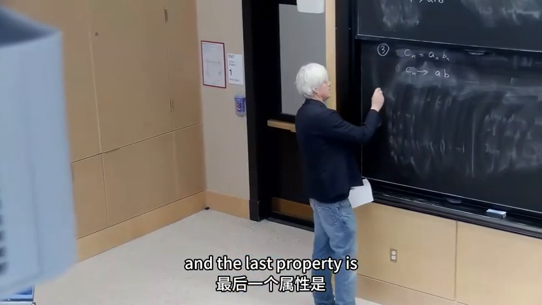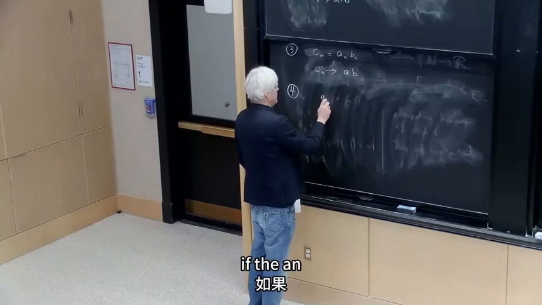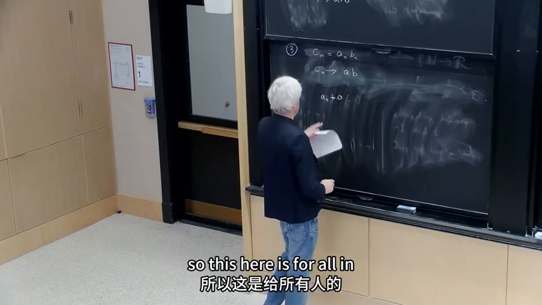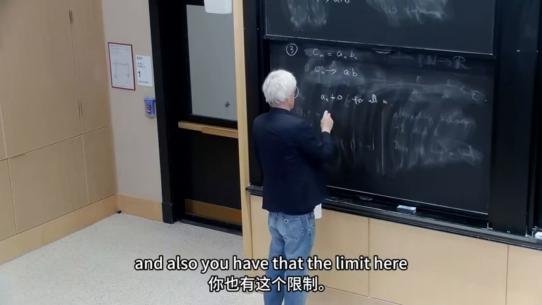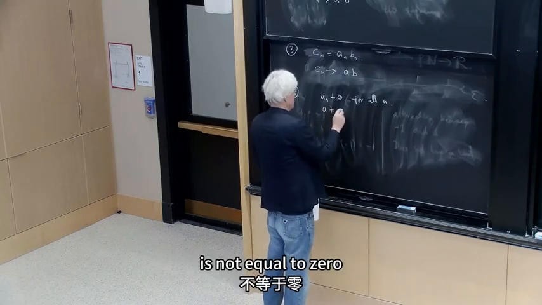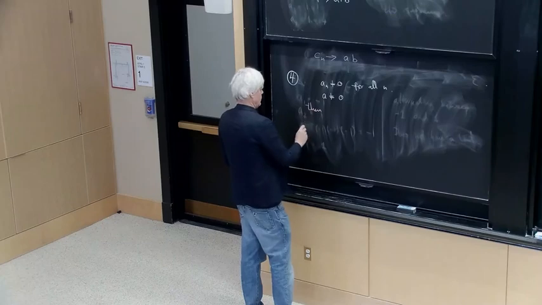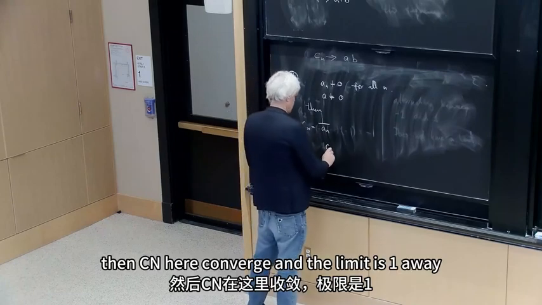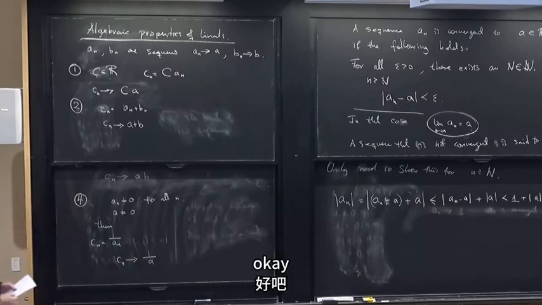And the last property is that if the a_n are all different from 0, so this is for all n, and also the limit A is not equal to 0, then if you define a sequence c_n to be 1 over a_n, then c_n converges, and the limit is 1 over A. Okay.